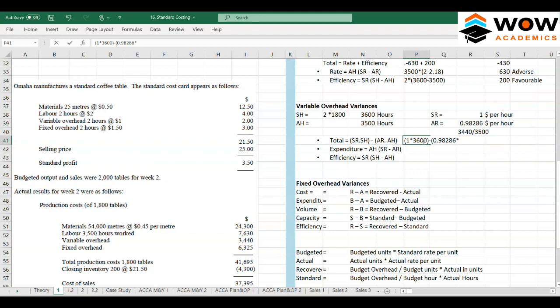So AR into AH, AH is 3500 hours. Again AH, SR minus AR. SR into SH minus AH.